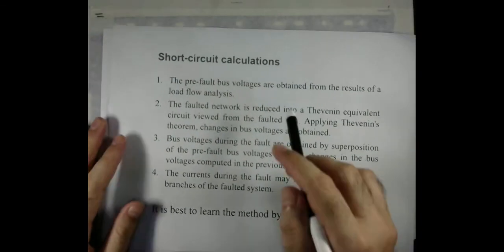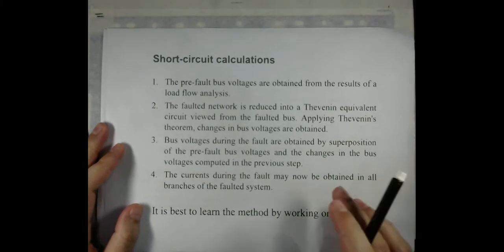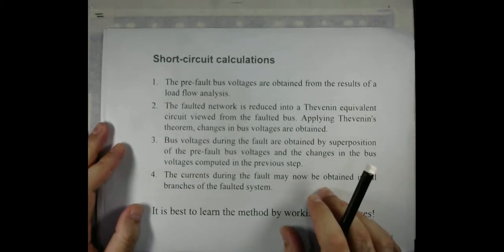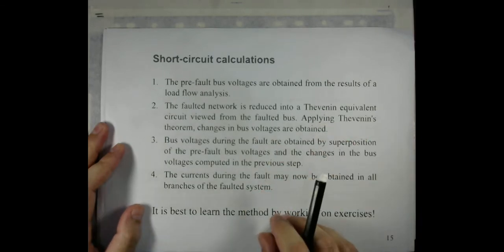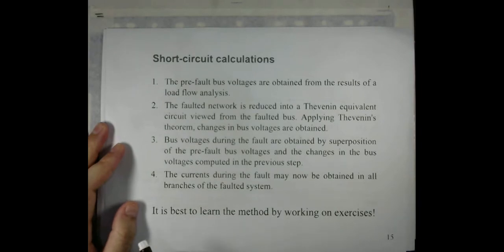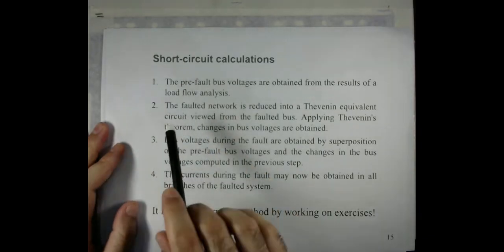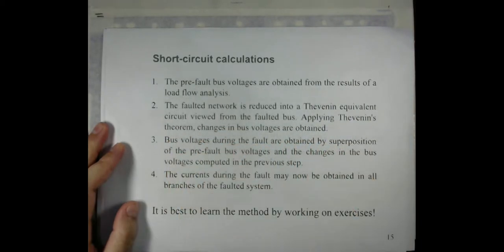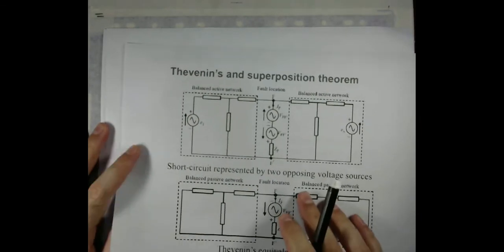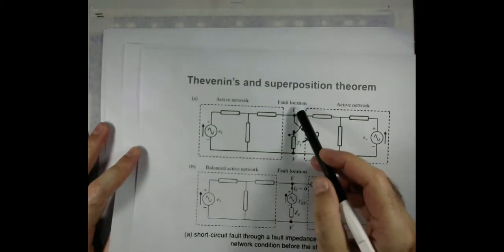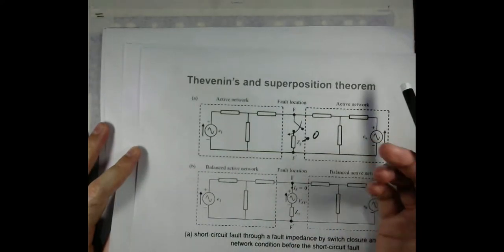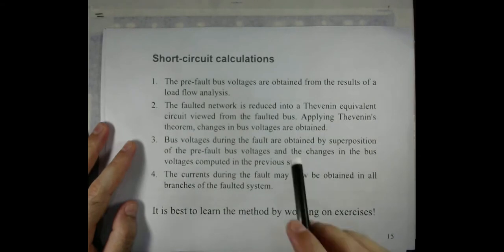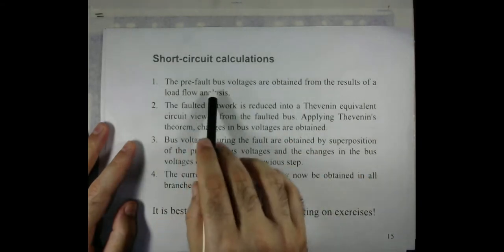So this was basically the summary of those steps that need to be taken for analyzing a balanced type of fault using the Thevenin equivalent network. These steps are: the pre-fault bus voltages are obtained from the results of a load flow analysis. So obviously one has to first calculate the voltage at different nodes in a network, and for that we need to carry out the load flow studies.